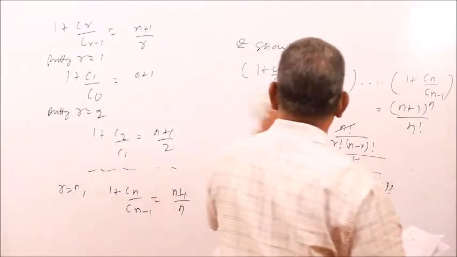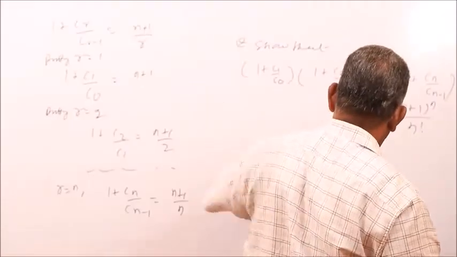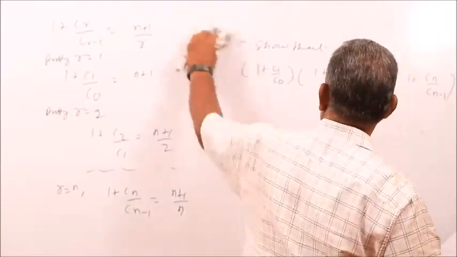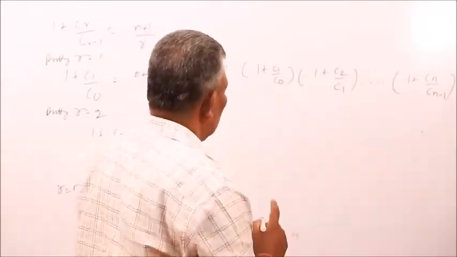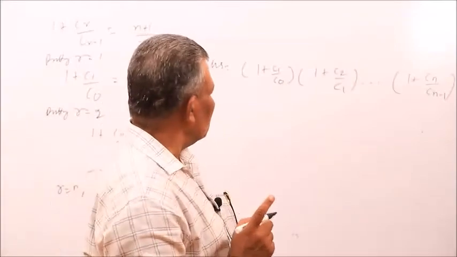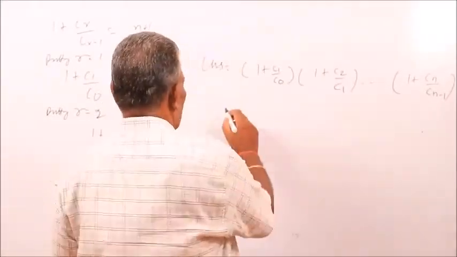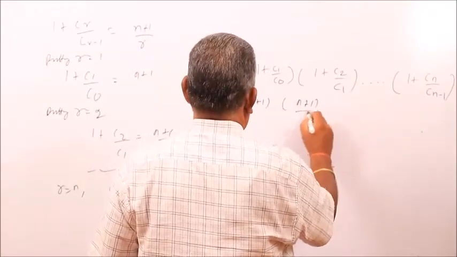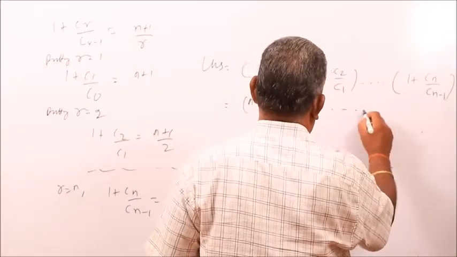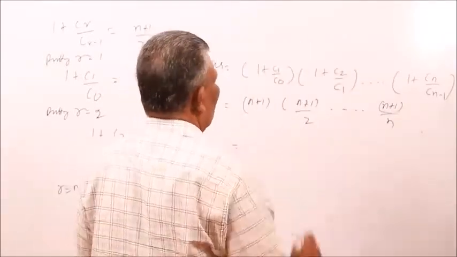So our LHS, 1 plus C1 by C0 into 1 plus C2 by C1 dot dot up to 1 plus Cn by Cn minus 1, becomes n plus 1 into n plus 1 by 2 dot dot n plus 1 by n. How many terms are there?